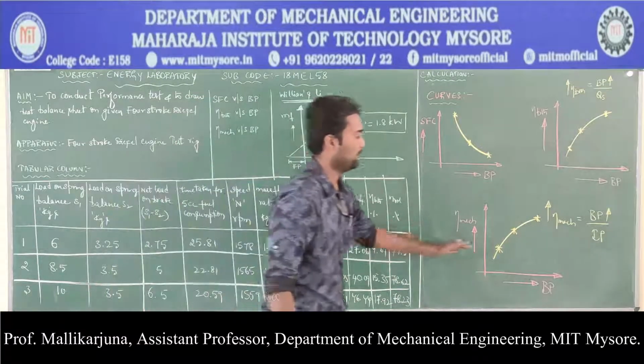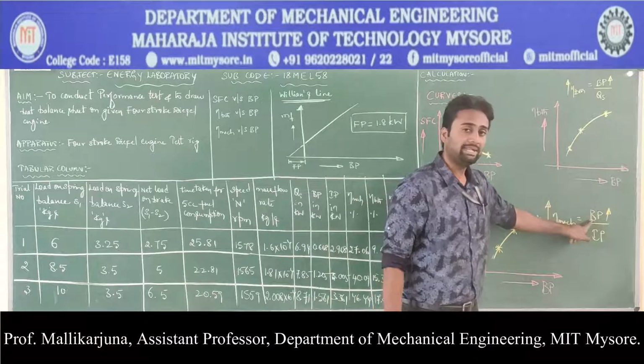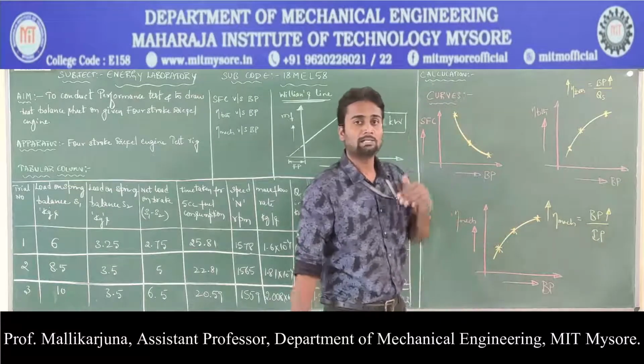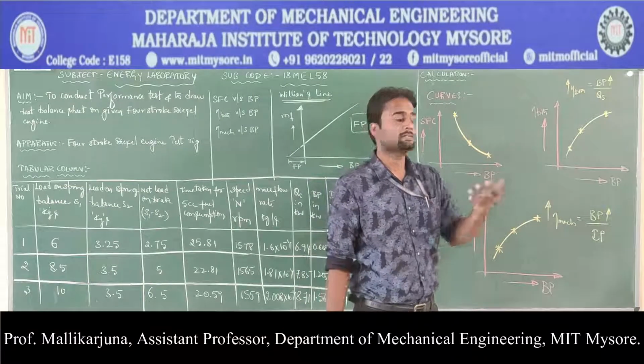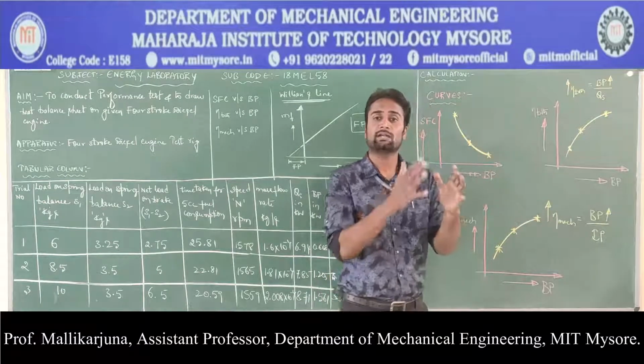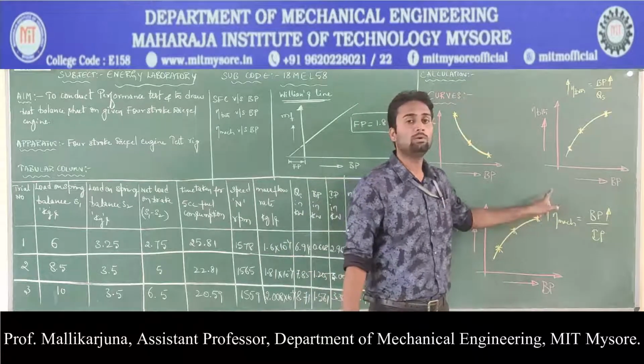The reason behind this is that the mechanical efficiency definition is BP by IP. As the power developed by the engine increases, it automatically says that the mechanical components transferring the energy from one portion to another are also going to increase.